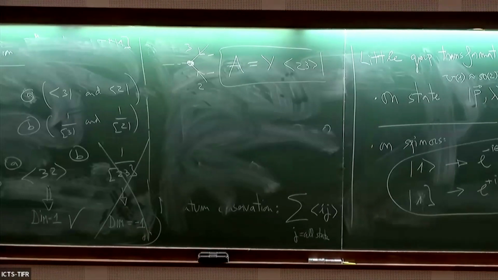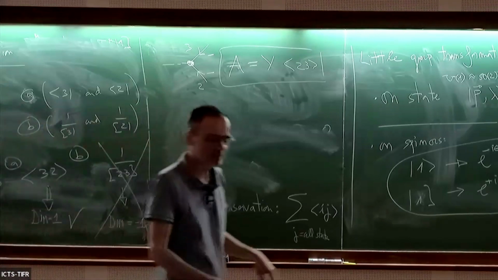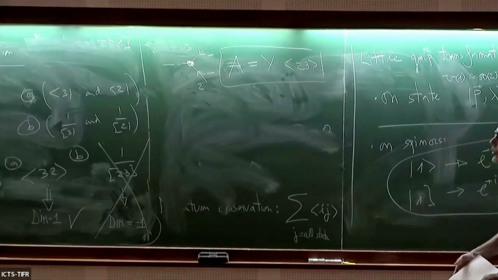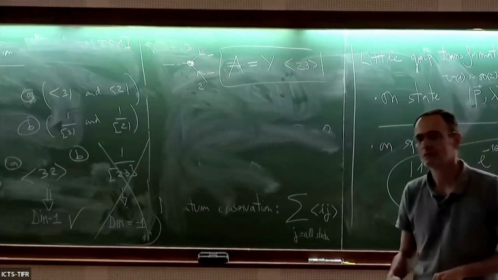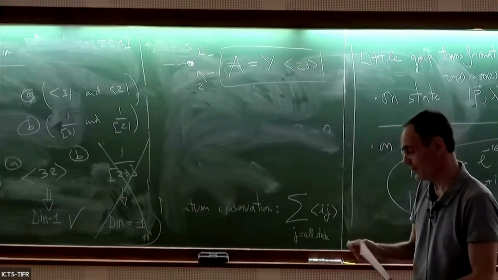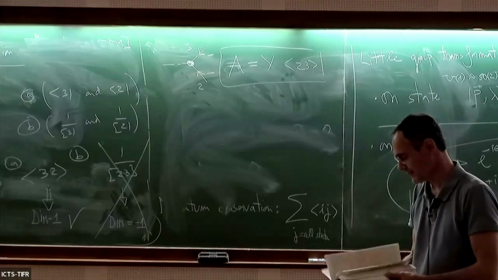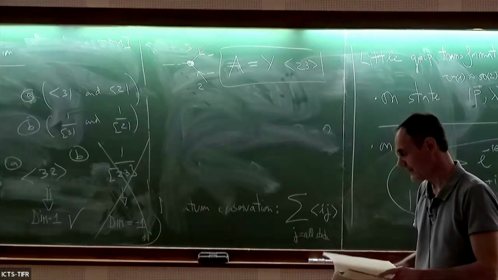I'll explain the next day. It's the need to go to complex momenta. Otherwise, and this is important, I cannot define the 3-point amplitudes. So let me skip it for the next day.